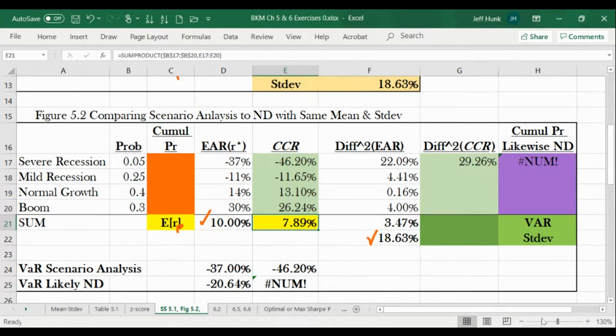So using the continuously compounded return, under severe recession, with that probability and with this return, with this EAR, it will be like this, right?